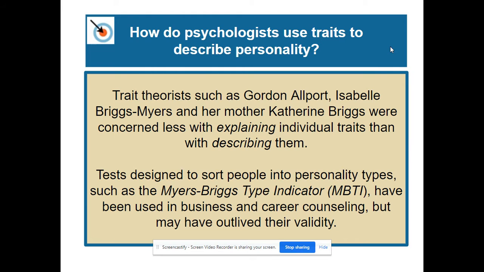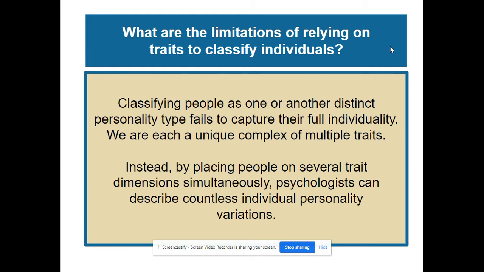So, again, we're not really wanting to know where they come from. We're just going to describe these traits. What they do is they classify people into personality types. And each of these quadrants, if you will, determine what kind of personality you have.